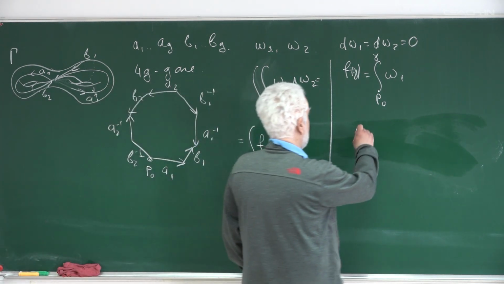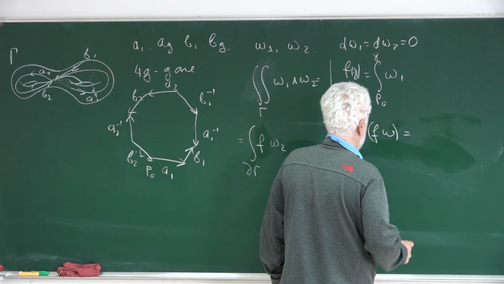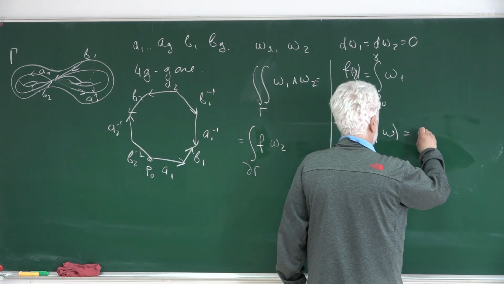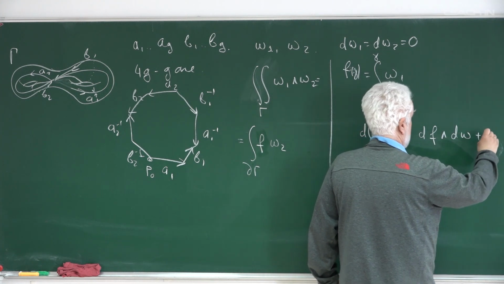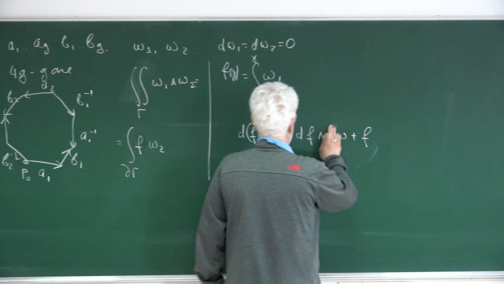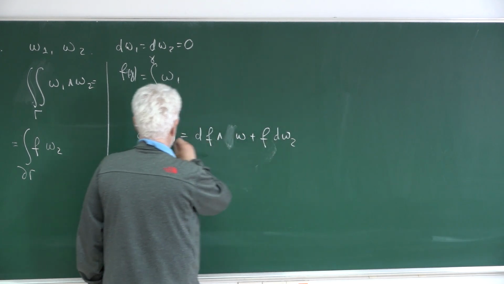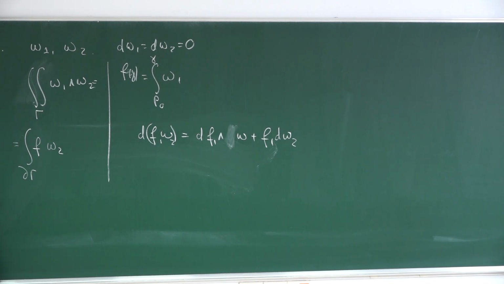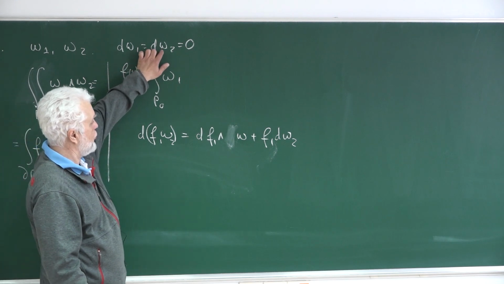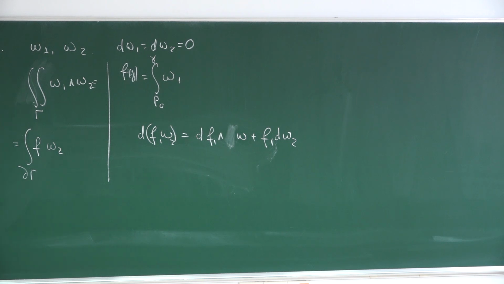Because, of course, the f omega will be, by the Leibniz rule, and then we have a closed form, therefore we have only this term. So far, so good.